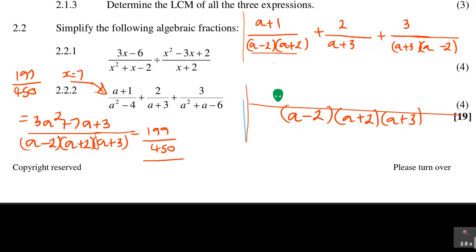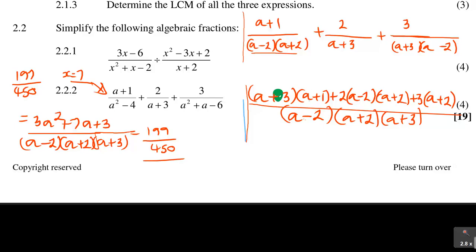So if I write my common denominators as a minus 2, representing a minus 2, and then I've got a plus 2, and then I've got a plus 3. Let me do that again. That first fraction, I've got a plus 3 multiplying a plus 1, then again plus 2. Now a plus 3 to be a minus 2 and a plus 2, and then I've got plus 3. Now a plus 3 and a minus 2 is represented, but I have a plus 2 that will remain in this case.